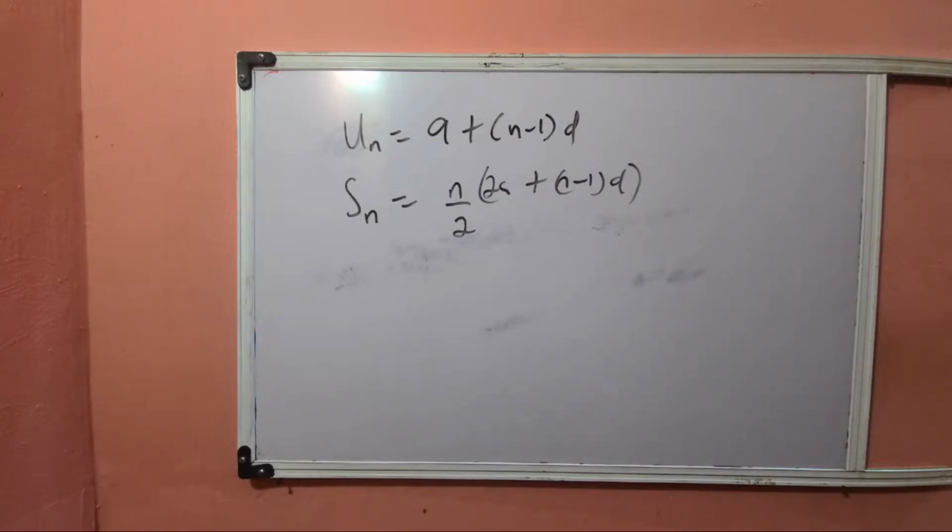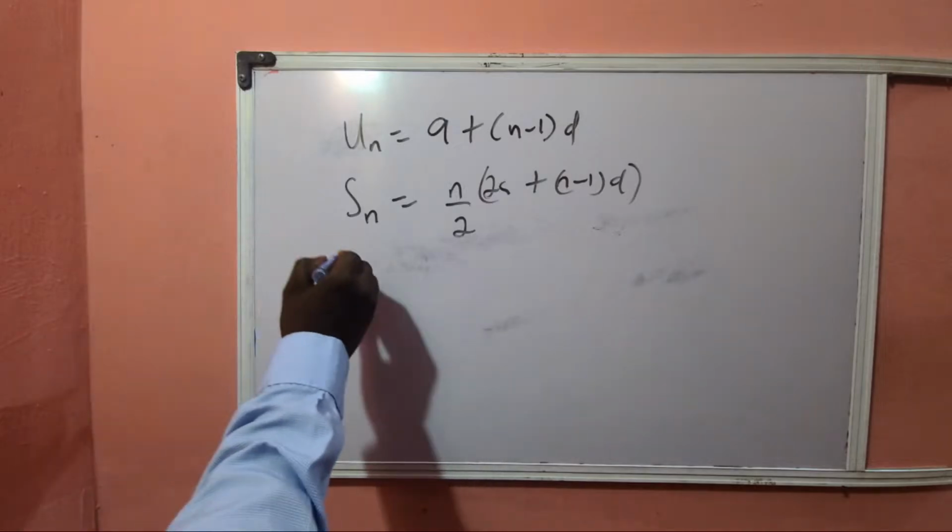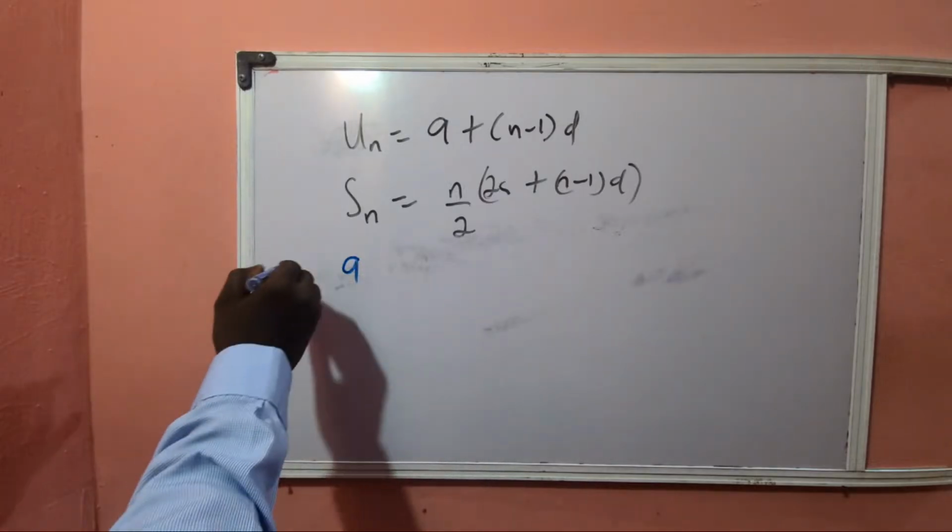In this particular tutorial, we want to dwell majorly on geometric progression. Now, this is very similar to arithmetic progression. One of the similarities is the fact that we also talk about the first term of a geometric progression in terms of A. So the very first term of a GP is A. That's the first term.